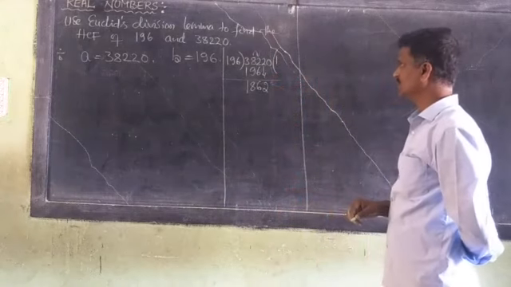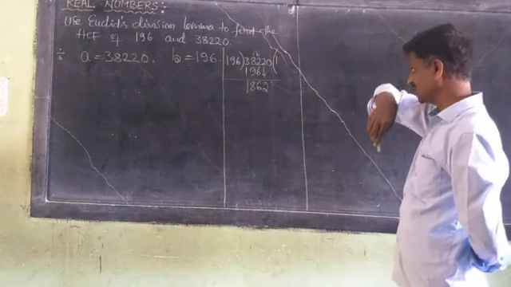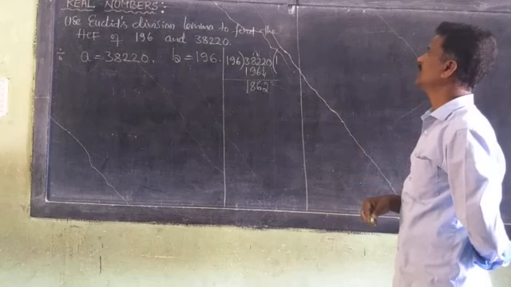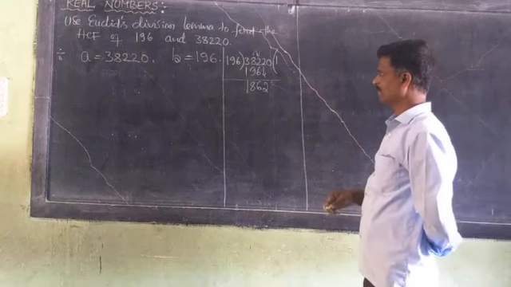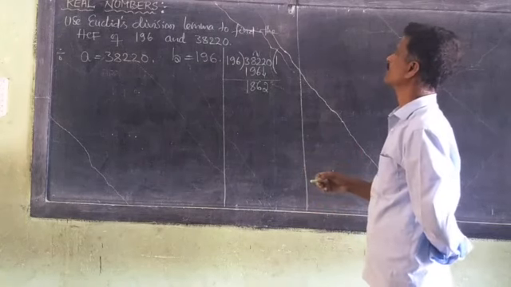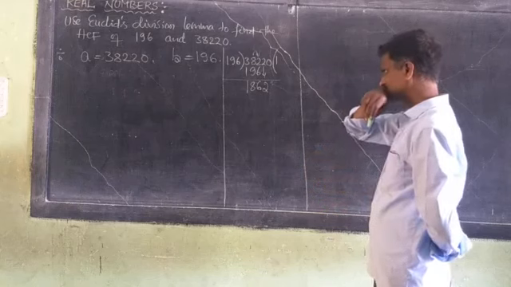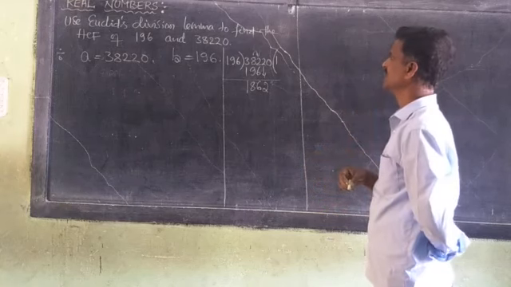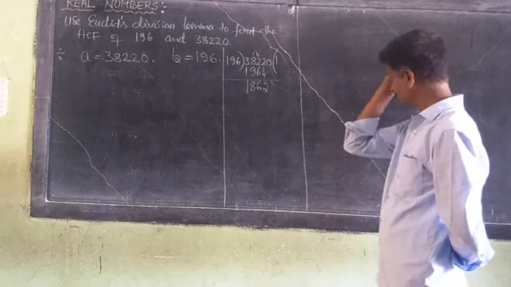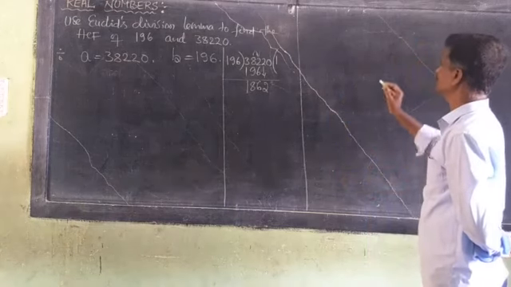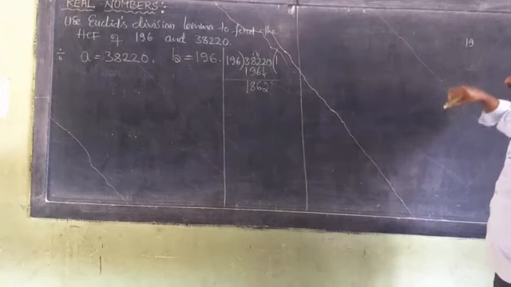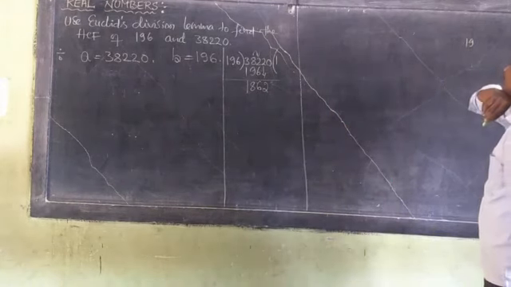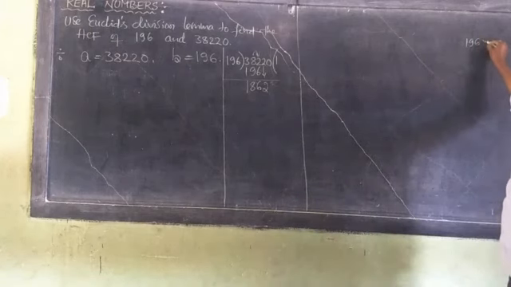Now we should consider 196 times 8, which is looking too small.